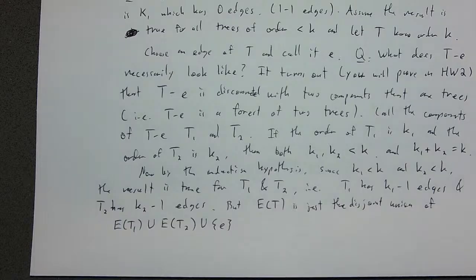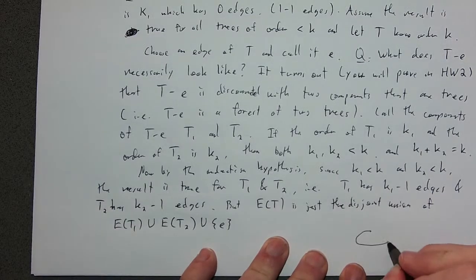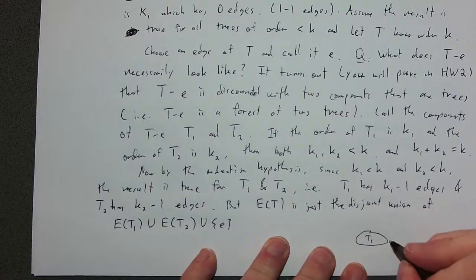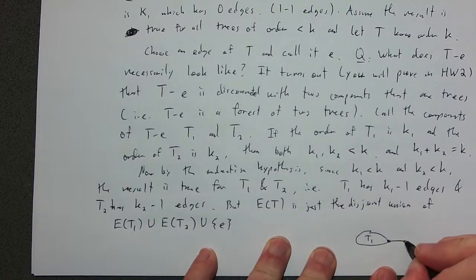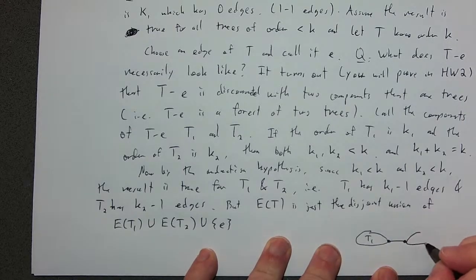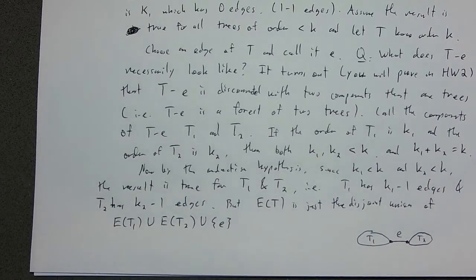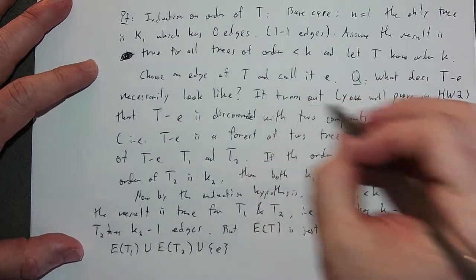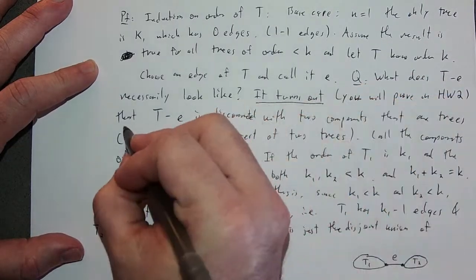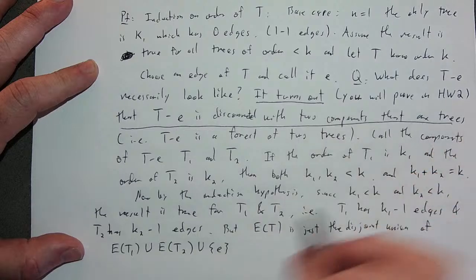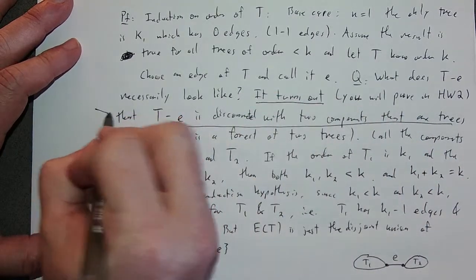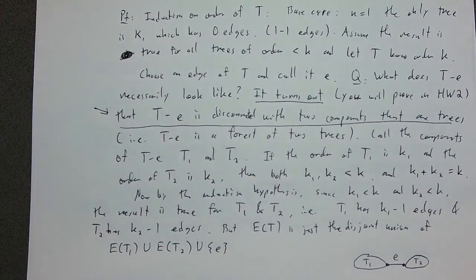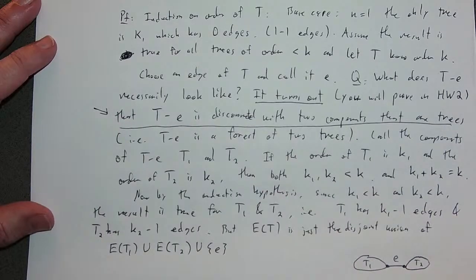We're claiming that ultimately our picture is we have a tree T1, whatever it looks like, and a tree T2, and E is the bridge connecting them. Another way of saying this fact that you're going to prove is that every edge of a tree is a bridge.